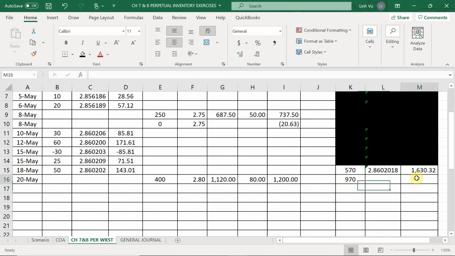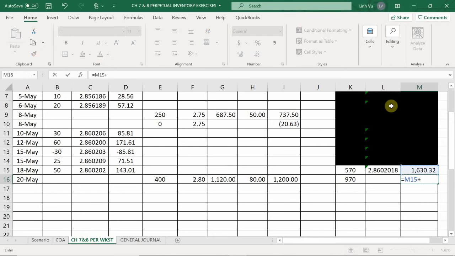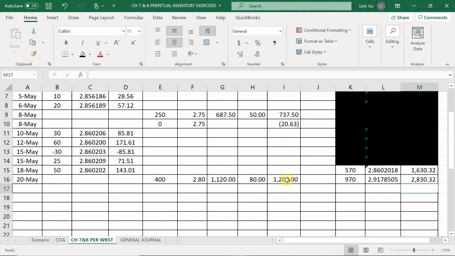We take our 1,630.32 and add our 1,200 to give us a total of 2,830.32. Good. Bringing our cost per item now to be increased to $2.91785.